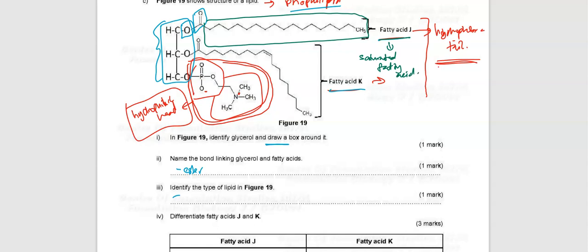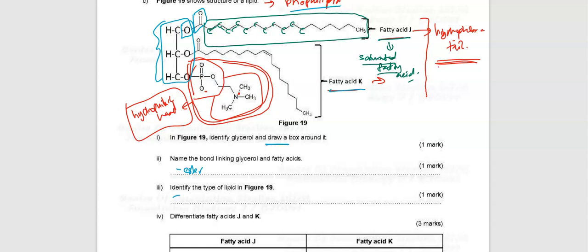Because in the structure of a saturated fatty acid, all the bonds between the carbon atoms within the hydrocarbon structure consist of only one single bond.